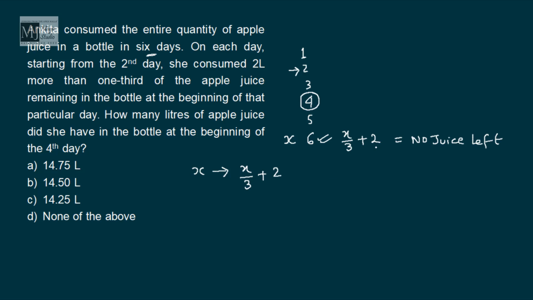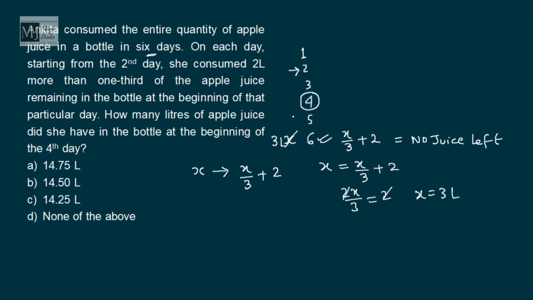So with this, we can find how much juice there was at the beginning of the sixth day. X should be equal to X by 3 plus 2. That is 2X by 3 is 2. X is 3 liters. Sixth day kicks off with 3 liters of juice.